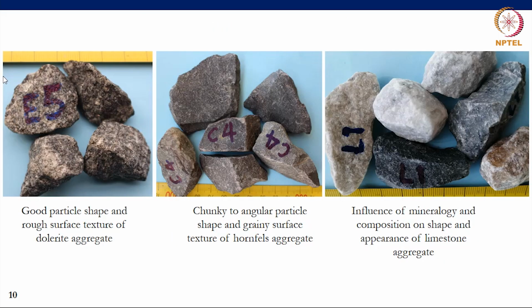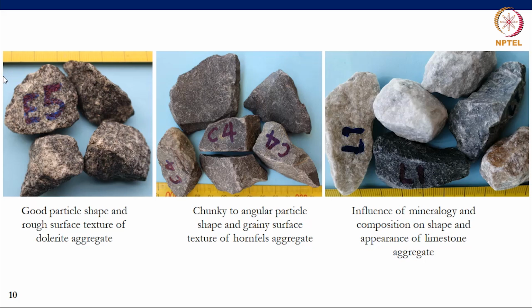Here are three examples. Starting on the left, a good particle shape, but with a fairly rough surface texture, of dolerite aggregate. Chunky to angular shape of a Hornfels aggregate. And on the right, a good illustration of the effects of mineralogy on the composition of, in this case, a limestone aggregate. The two very light colored particles are almost pure limestone.